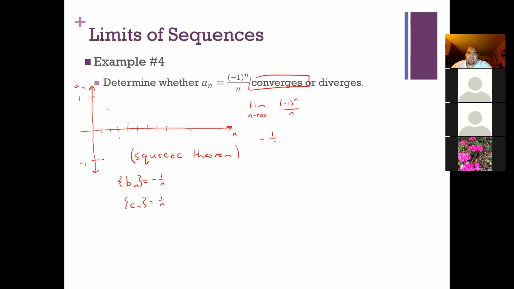I know that this is always gonna be true: -1/n is less than or equal to the sequence I care about, and this thing will be less than or equal to 1/n. Do we believe this is true? Basically this sequence in the middle is always going to be between -1/n and +1/n, and really it's going to be equal to one of them, depending on what n is.